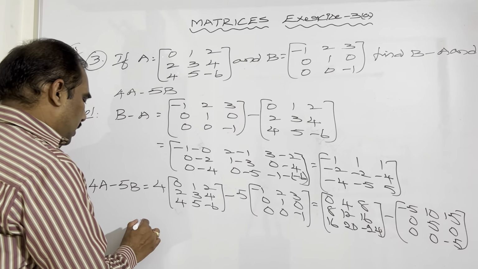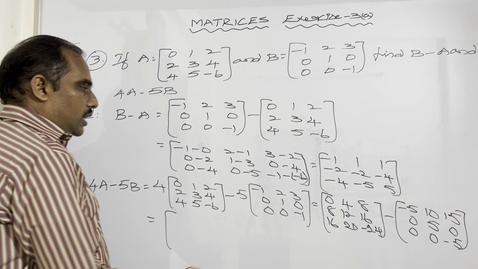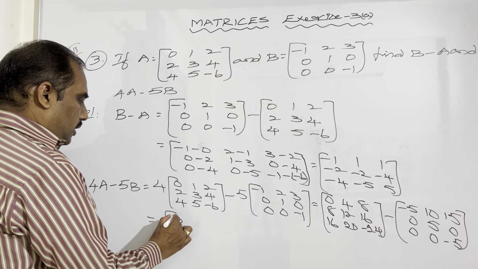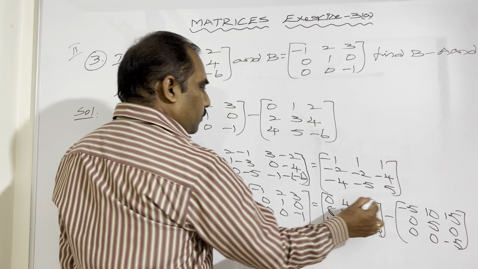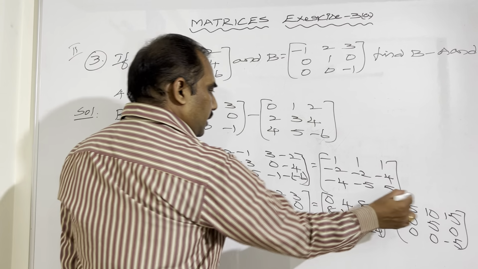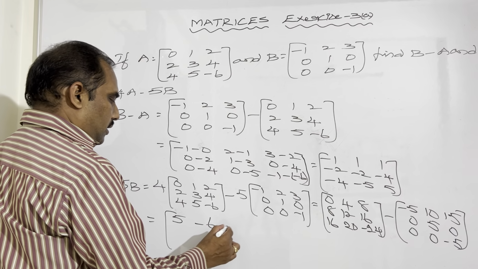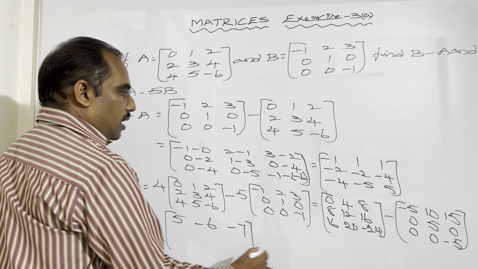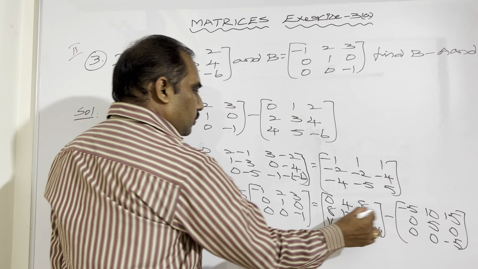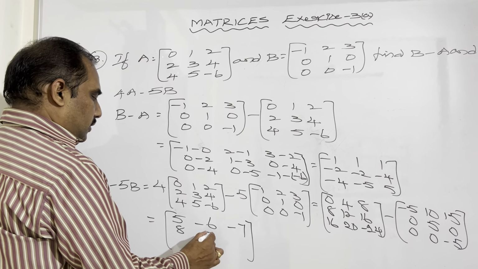So in the subtraction we get 0 minus 5, and minus of minus 5 is plus 5. Here 4 minus 10, that is minus 6. I am writing directly here 8 minus 15, that is minus 7. And here 8 minus 0, that is 8. So 12 minus 5, that is 7.